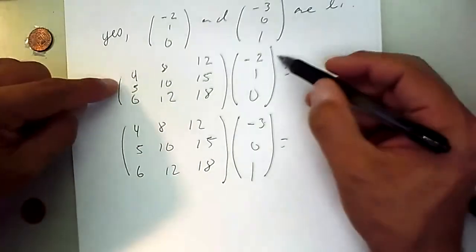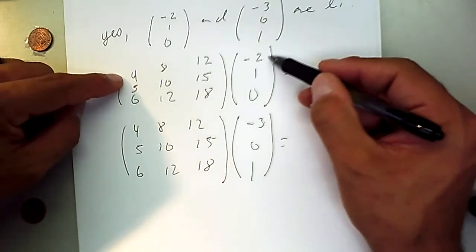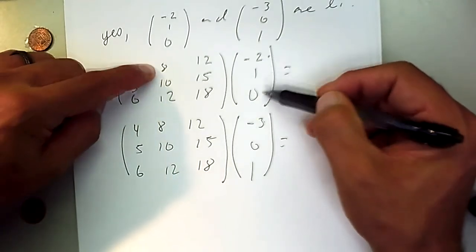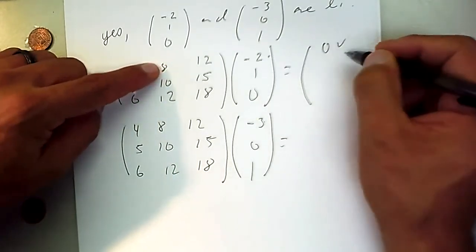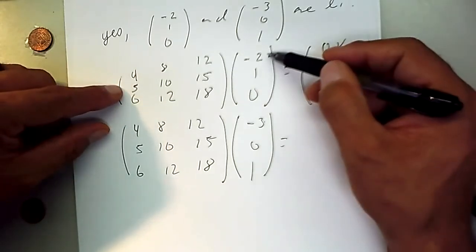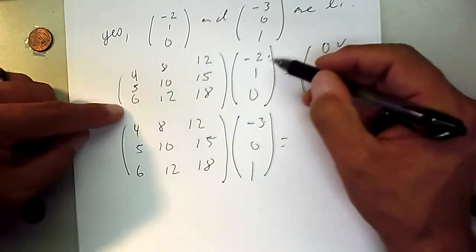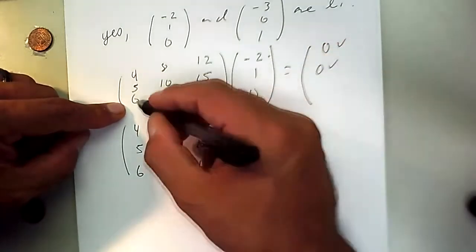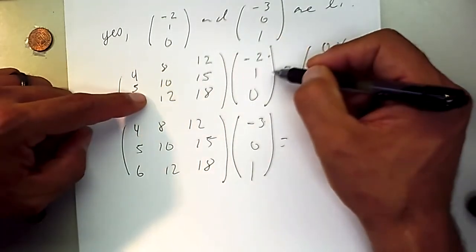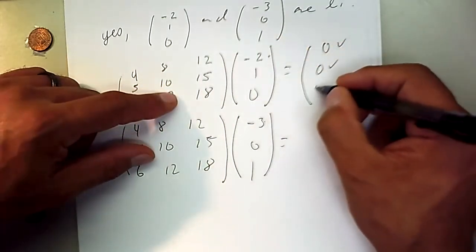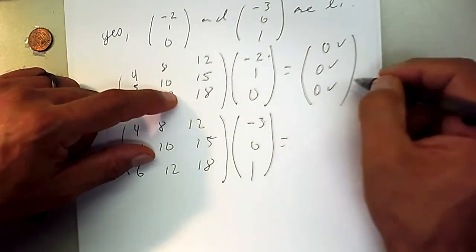So let's see, negative 8 plus 8 plus 0, 0, checks. Negative 10 plus 10 plus 0, checks. That's a 6. Negative 12 plus 12 plus 0 checks.